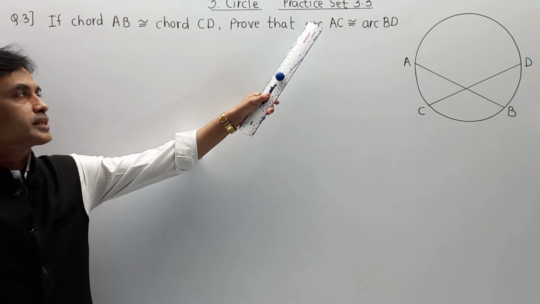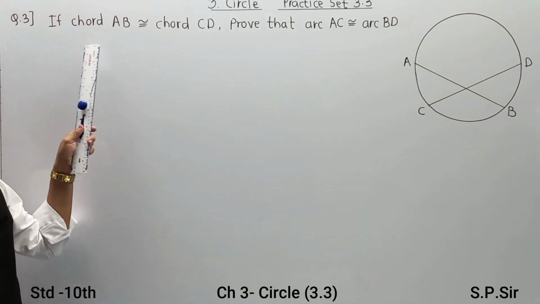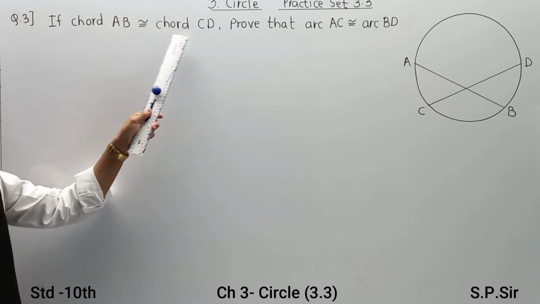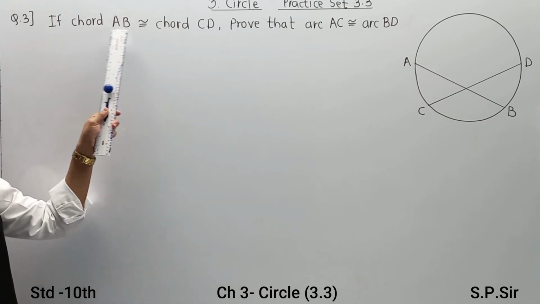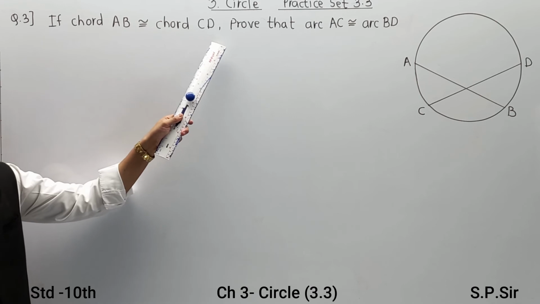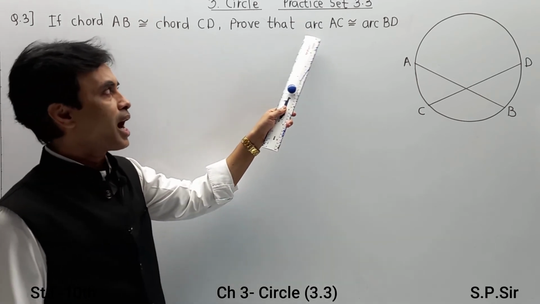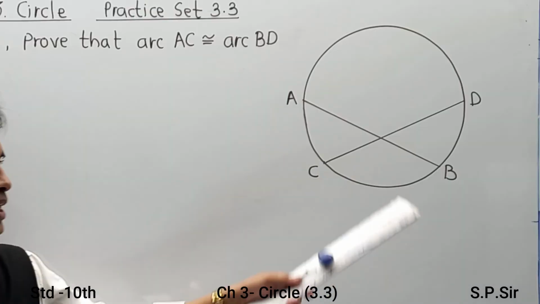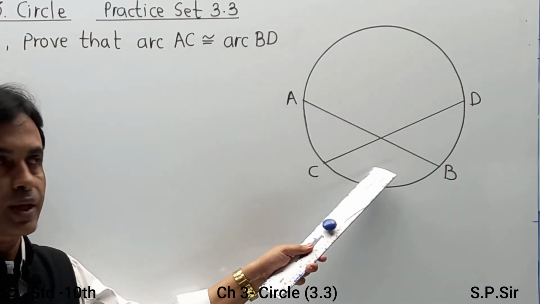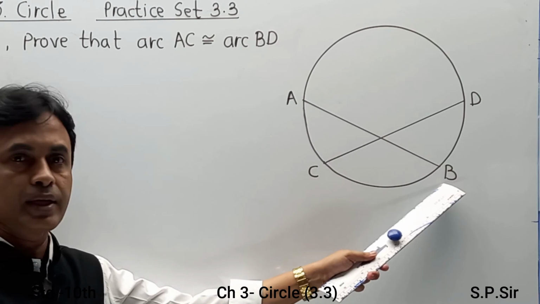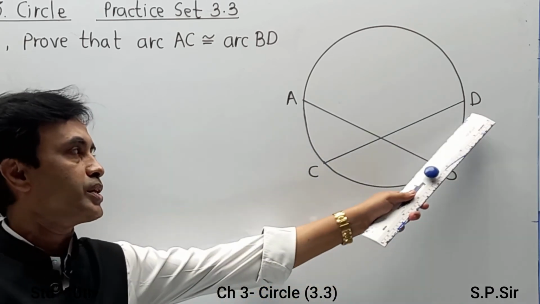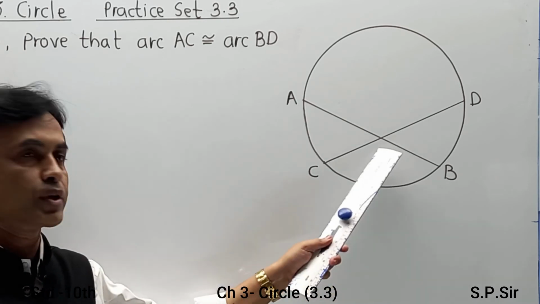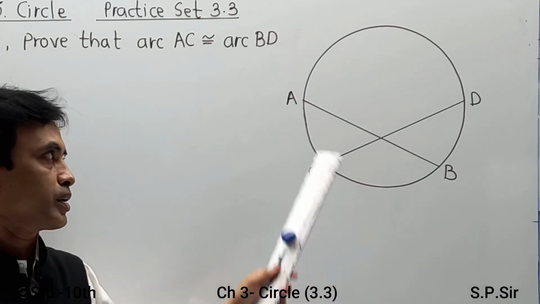Now we are in practice set 3.3, numerical number 3, and the question is: if chord AB is congruent to chord CD, then prove that arc AC is congruent to arc BD. Once again, it is a question from a diagram point of view. They have given both chords in a circle which intersect inside the circle and are congruent.